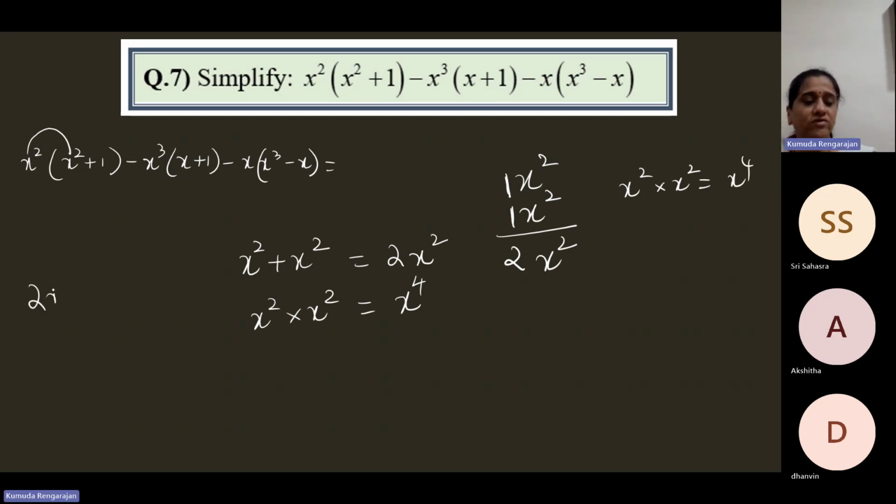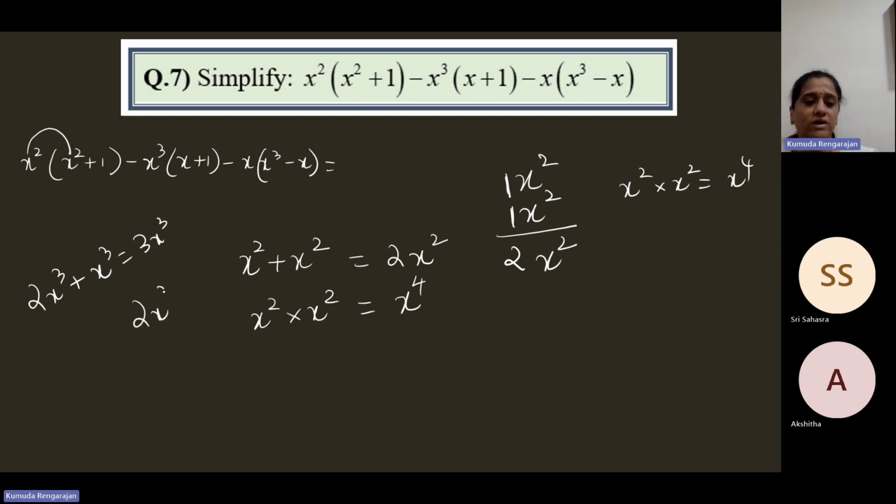Now, what is 2x cubed plus x cubed? 3x cubed. Because 2x cubed, x cubed, they're like terms. So to add, x cubed will come down as it is. 2 plus 1, 3.